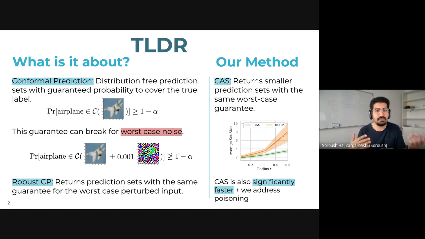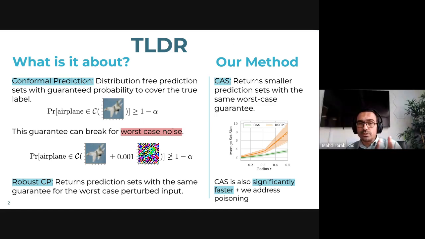Also, you can define variants like probabilistically robust conformal prediction that accounts for IID noise as well. But in this case, we are talking about the worst-case noise, which could be non-IID or adversarial noise, perfectly crafted based on the architecture and parameters of the model, and defined in such a way that it is meant to break the guarantee or the prediction result. Did I address that question?